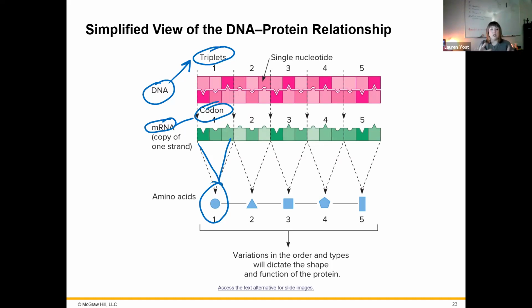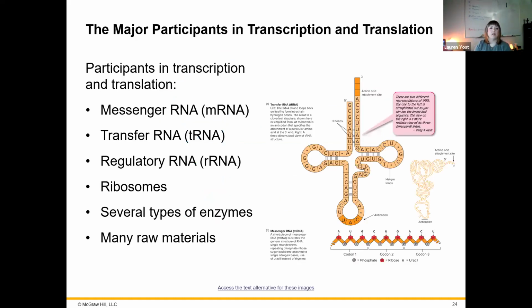So this is essentially how we're going to get our protein, through these triplets and codons yielding individual amino acids, and how these are going to interact with one another. Our codons in the messenger RNA are going to get matched up with the appropriate anticodon on a tRNA, or transfer RNA.